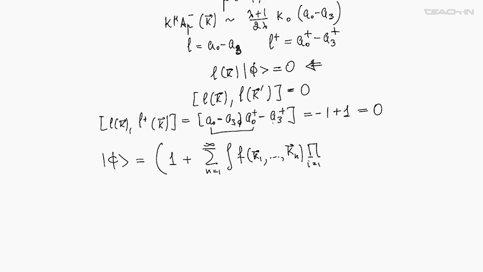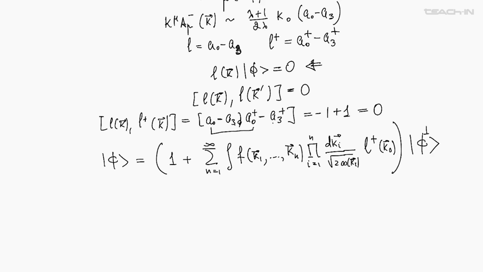That's normalization, not so essential here. L dagger plus, depending on k_i. And this all acts on a state which is created from the vacuum by the transverse photons.